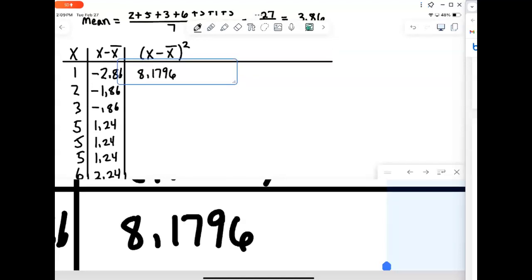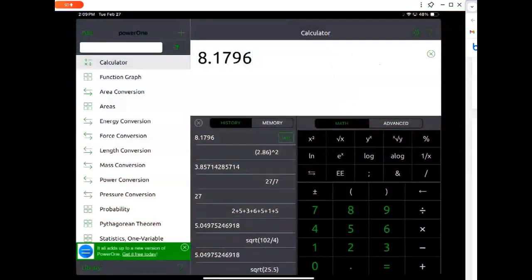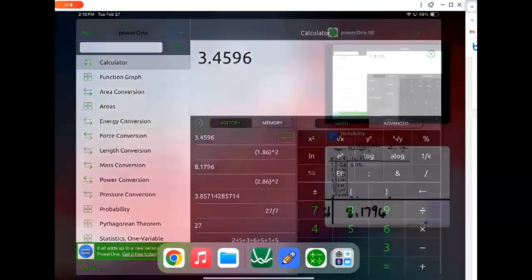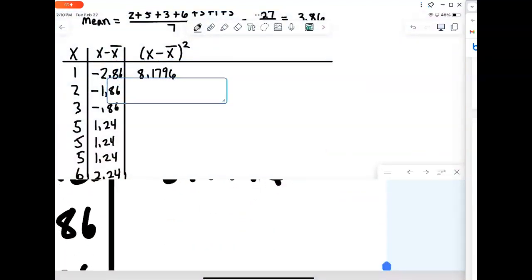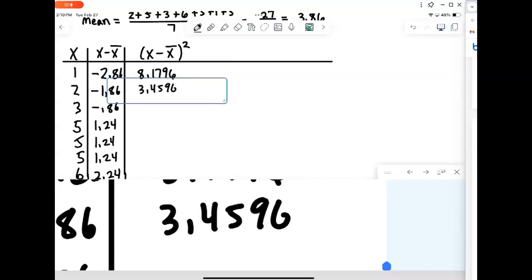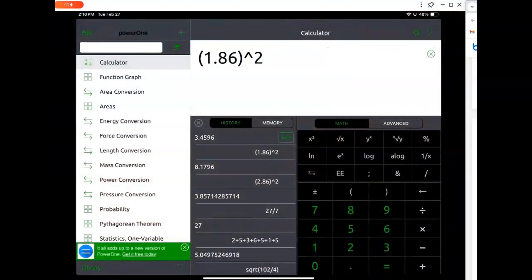And then we do the same thing. Negative 1.86 or positive, it actually doesn't matter because we're squaring it, gives 3.4596. And then 0.86 squared is 0.7396.